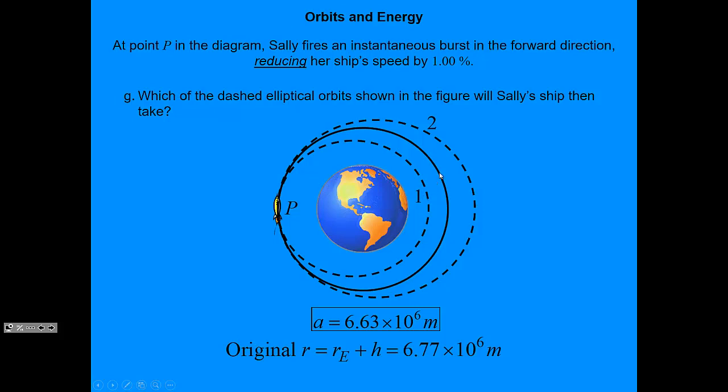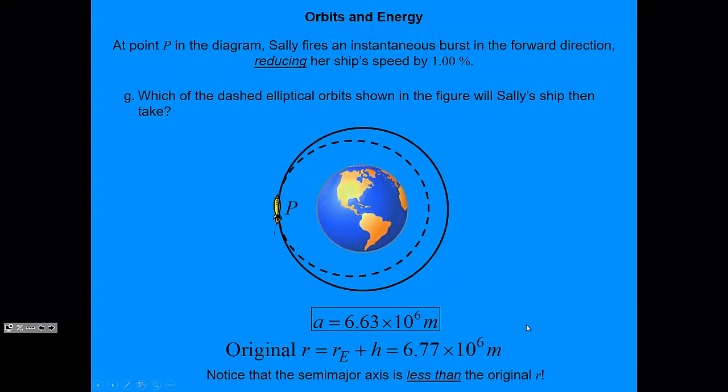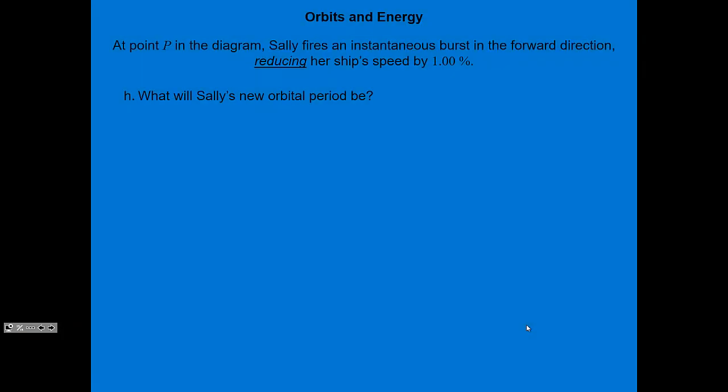So which one of these, one or two, they're both elliptical orbits, right, has a smaller semi-major axis than the original radius? It is, of course, orbit 1. So by slowing down, she will dip closer to the planet, right, and go in this new elliptical orbit. With me?